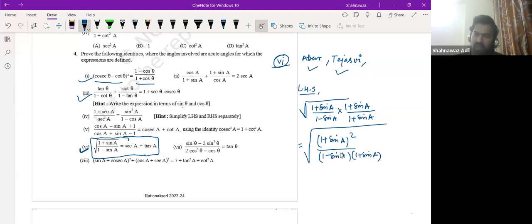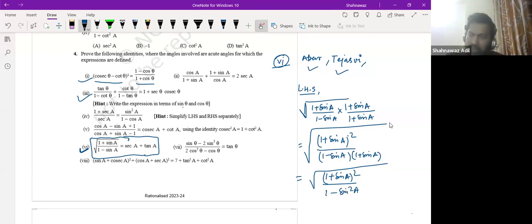Now, whenever we have a root, we don't touch the square, because that will come out of the root. So we should not solve this. The numerator is complete. Now let us look into the denominator, this is 1 minus sine squared A.